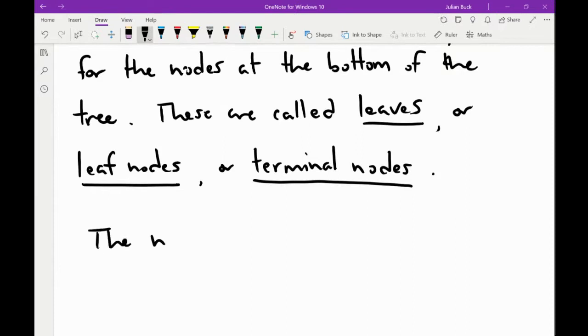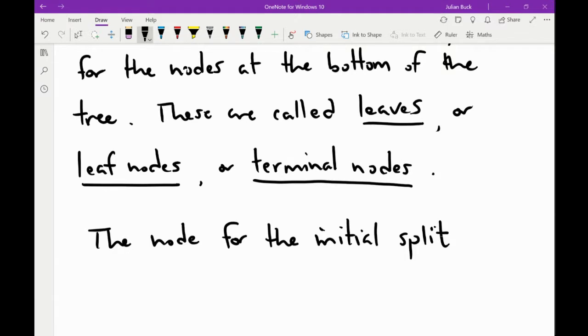So the node for the initial split, before we've actually split on the data, okay, so when we make the initial split, we're using all the training data.